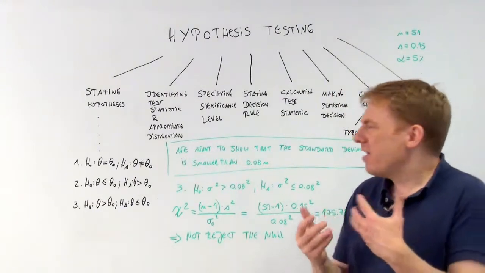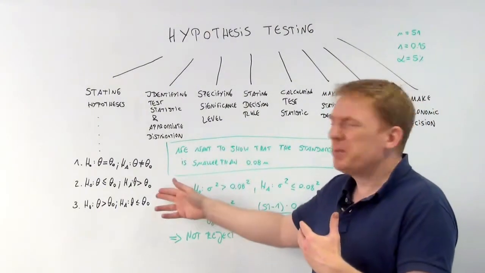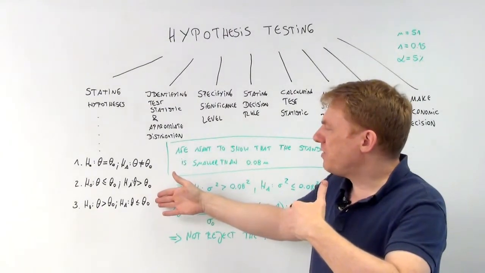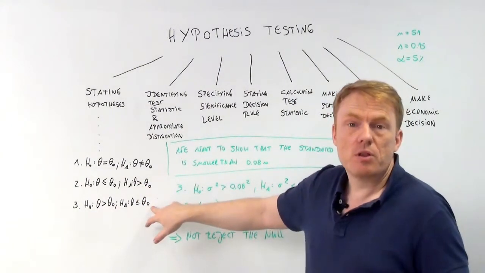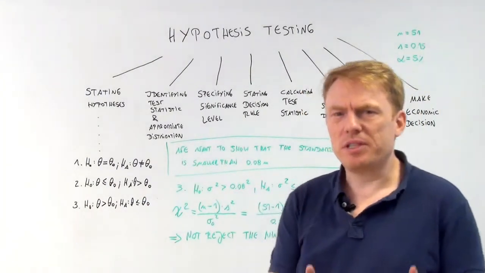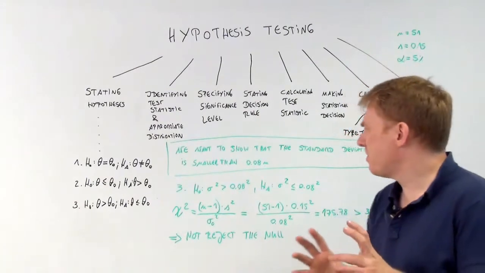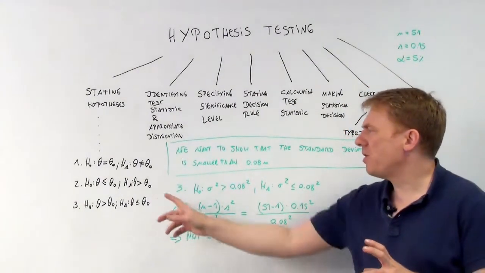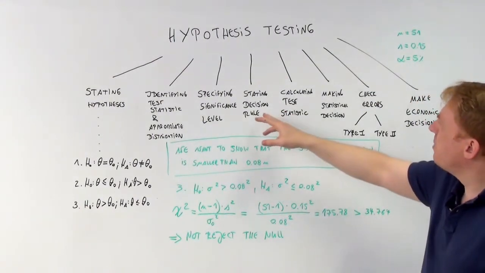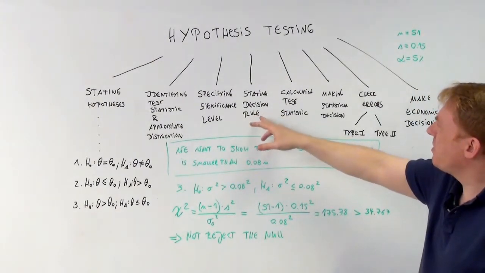And this depends on the formulation. It depends on whether you chose the alternative 3 or 2 or 1. So look it up carefully in your textbook. There are large differences between those types of tests. So here, what are we doing right now? Where are we? Stating the decision rule.